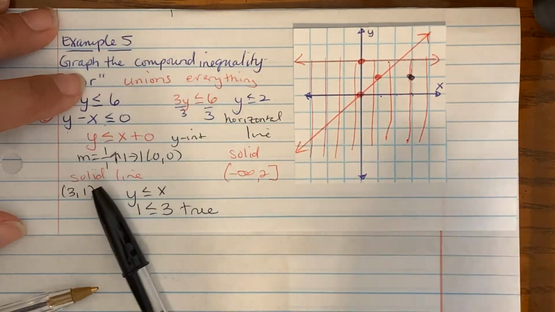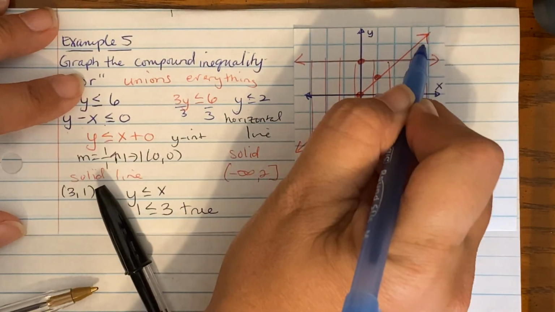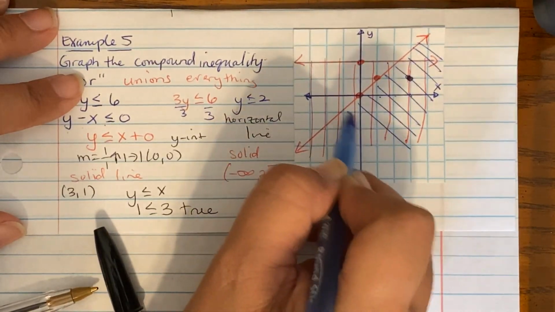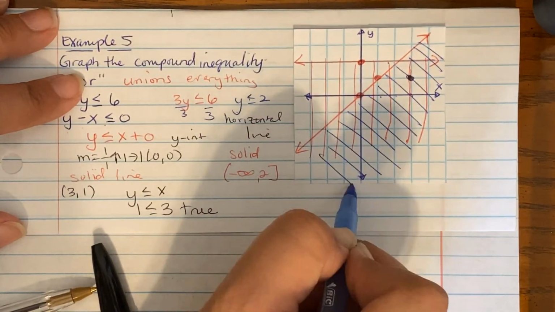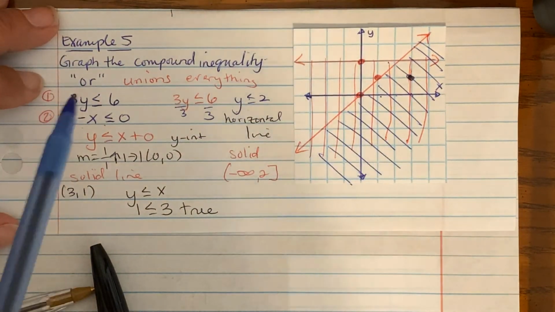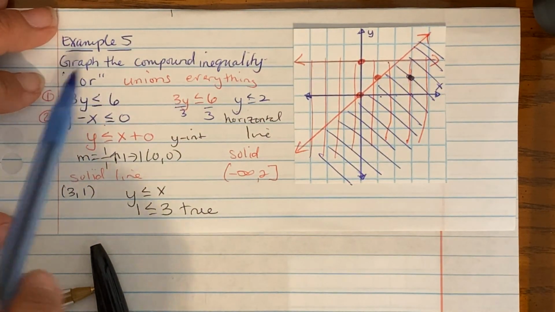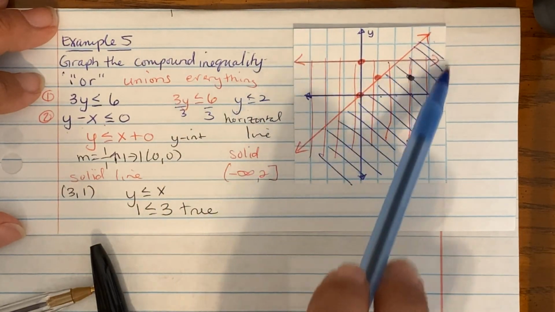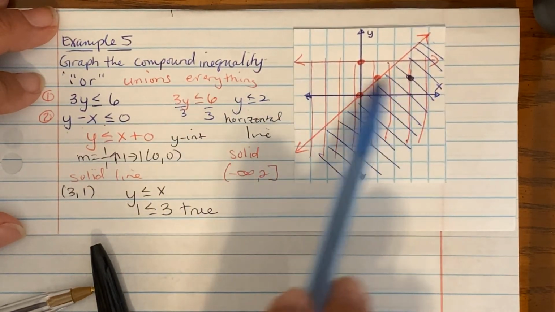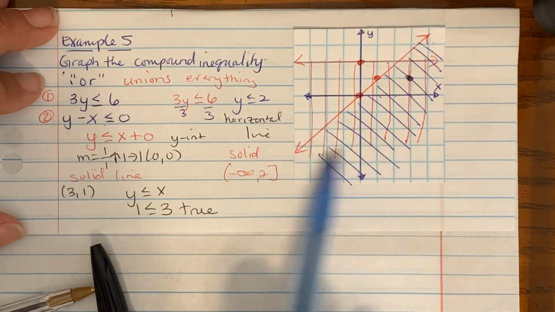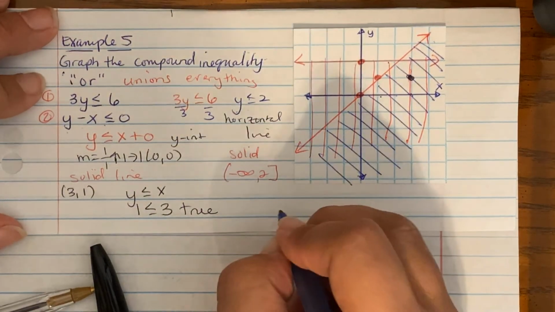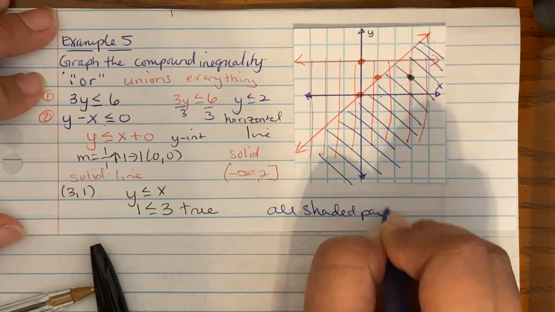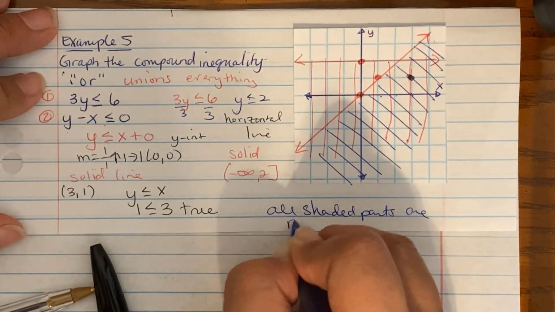So we are shading below the line. So we are shading down. Now remember, we started this problem saying the word or. It means everything. So this entire graphed and shaded region, everything that's shaded, is our solution. All shaded parts are possible solutions.